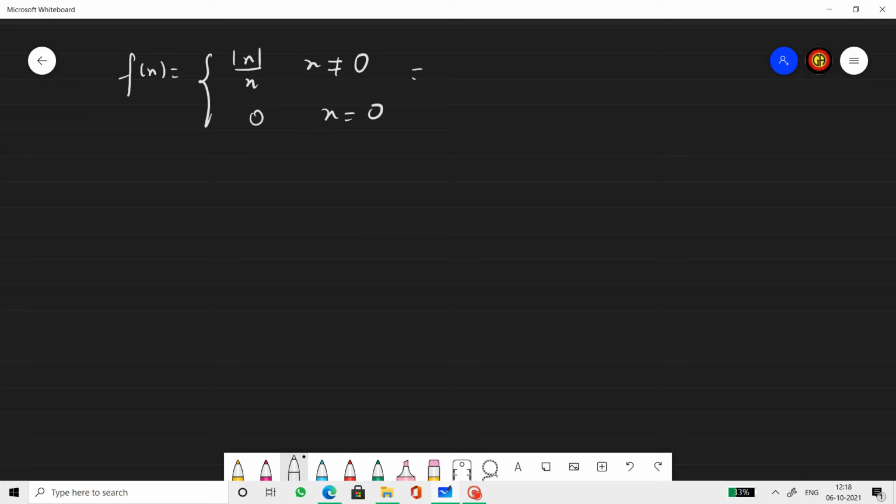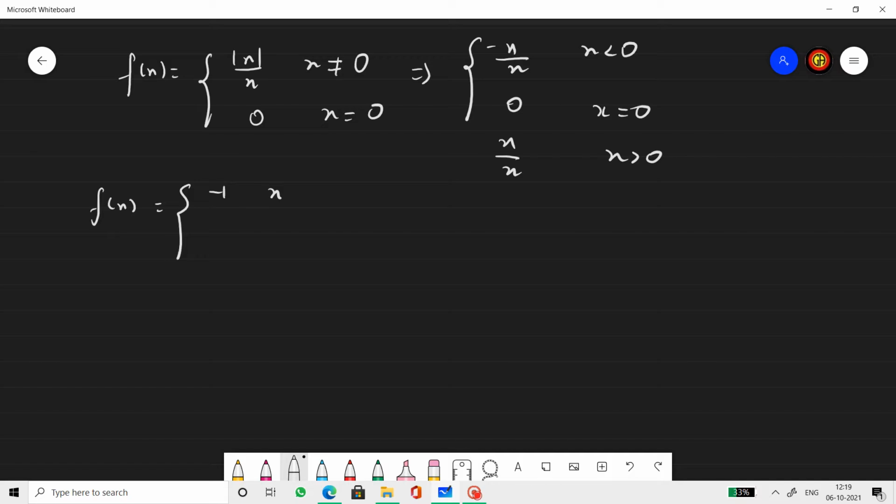Now mod x becomes minus x by x when x is below 0, 0 when x equals 0 as instructed in the question, and x by x when x is greater than 0. So f of x equals minus 1 when x is less than 0, 0 when x equals 0, and 1 when x is greater than 0.